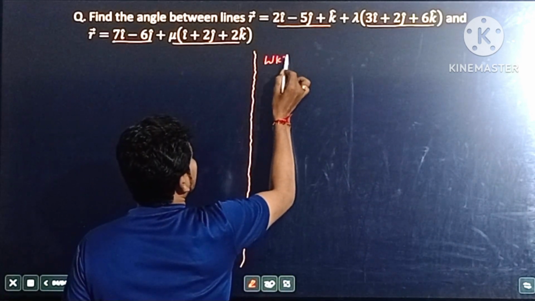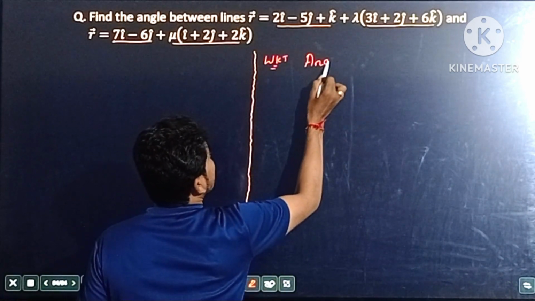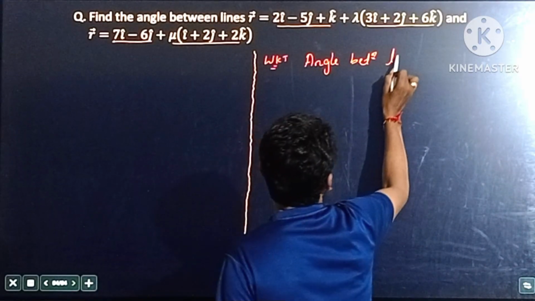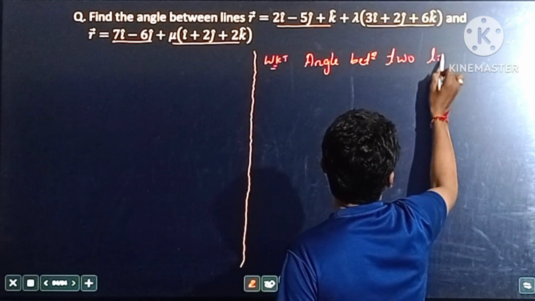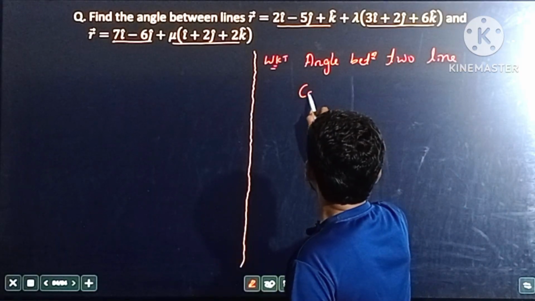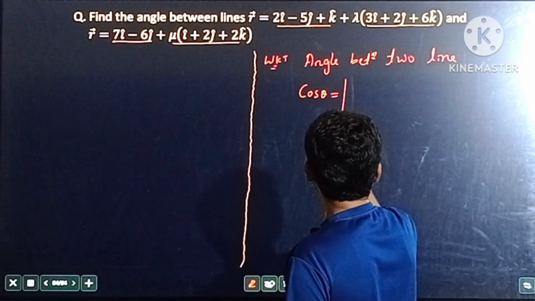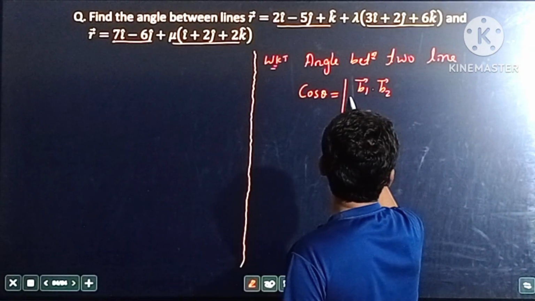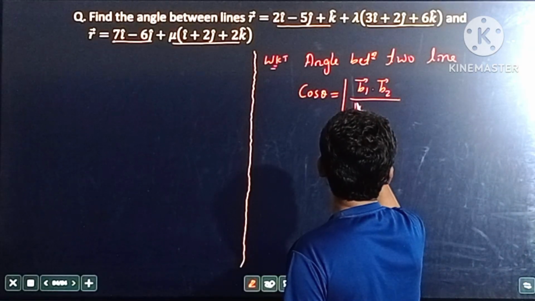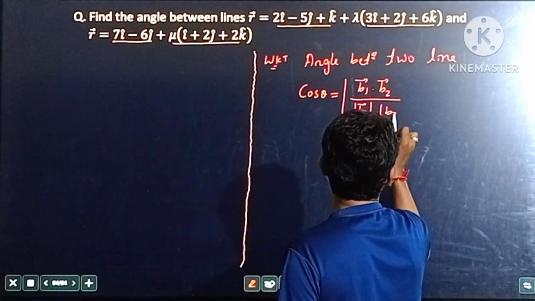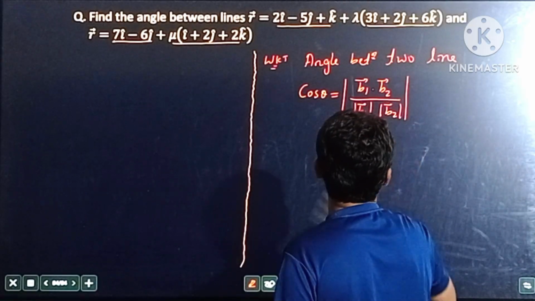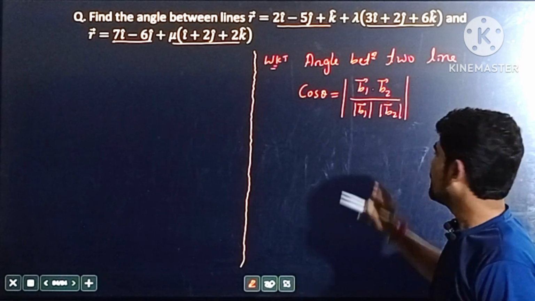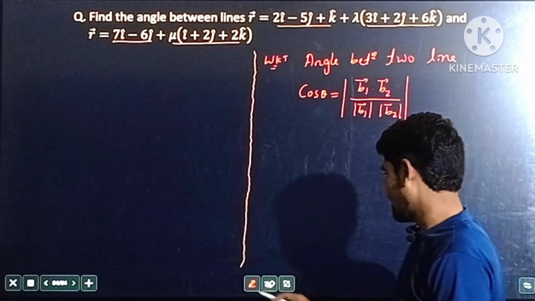The formula for the angle between two lines is cos theta equals the modulus of b1 vector dot b2 vector divided by the magnitude of b1 vector times the magnitude of b2 vector, where b1 vector is the direction vector of the first line and b2 vector is the direction vector of the second line.